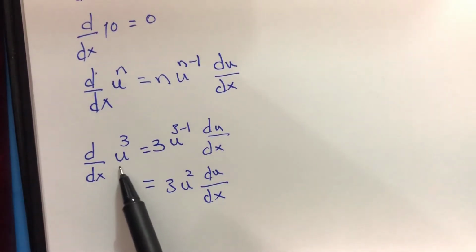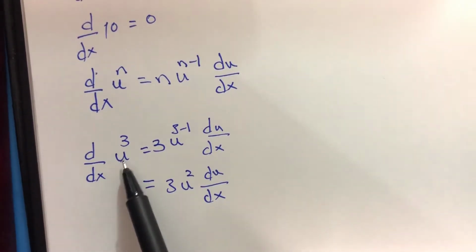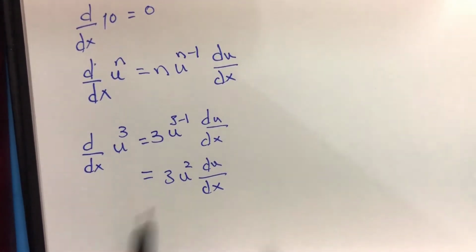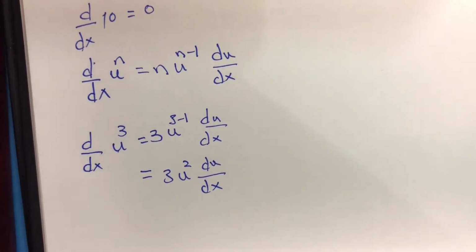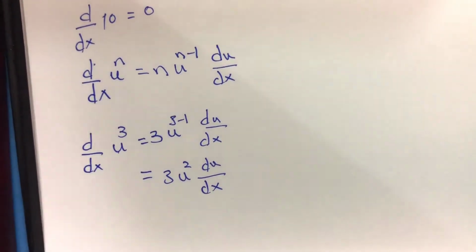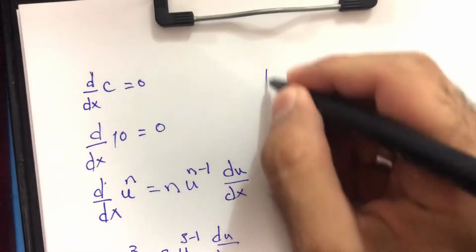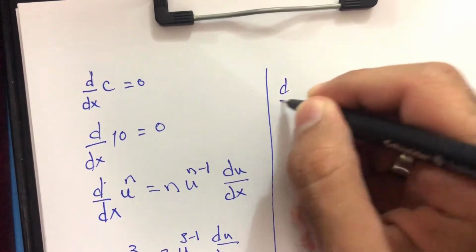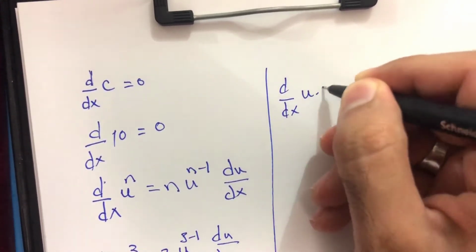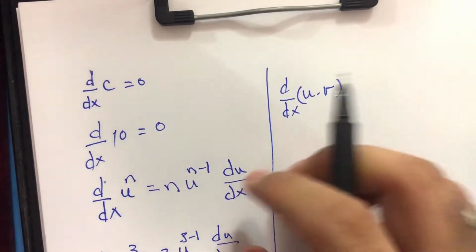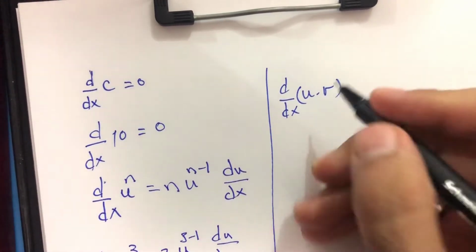For example, u may be sine, cosine, maybe this trigonometric function or any other function, so its derivative will be more complicated. Besides that, we also took the derivative of d by dx of u multiplied by v, which is the derivative of a product function, and can be solved like this.